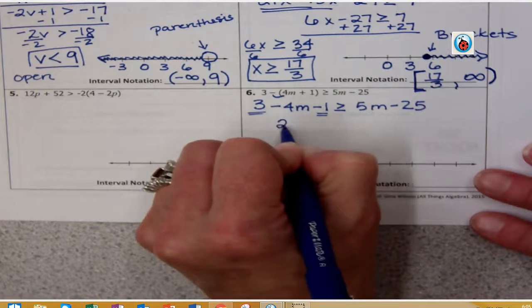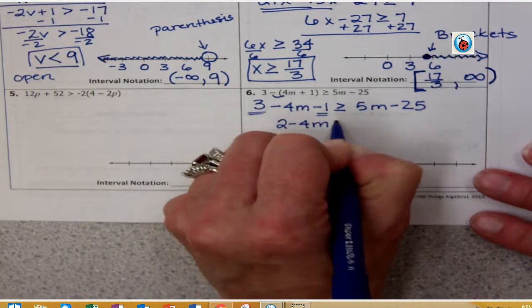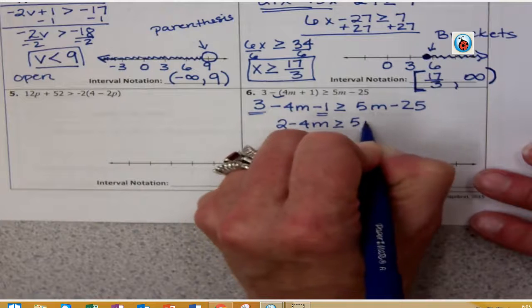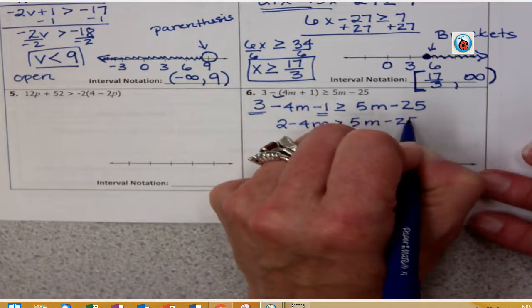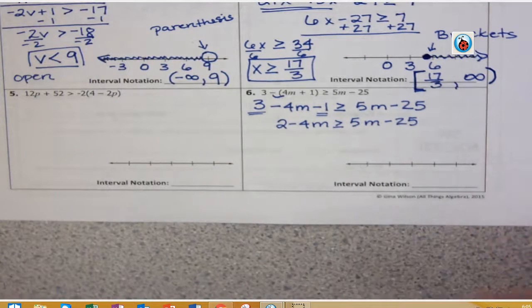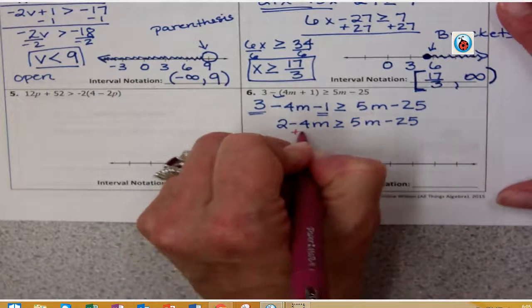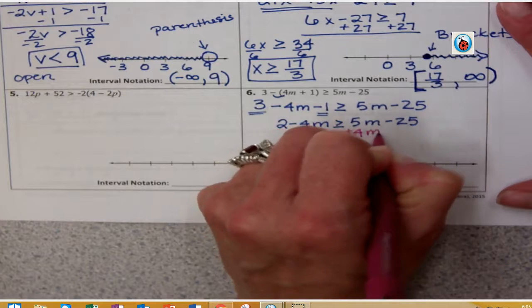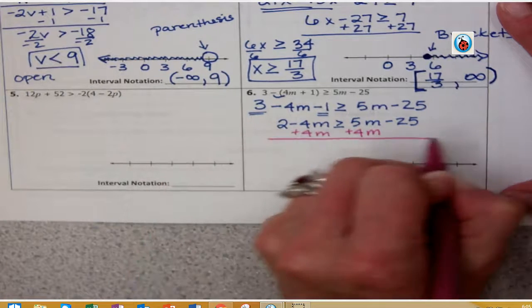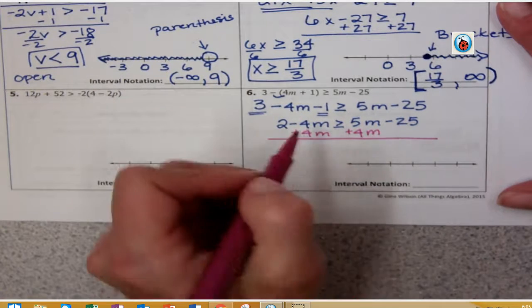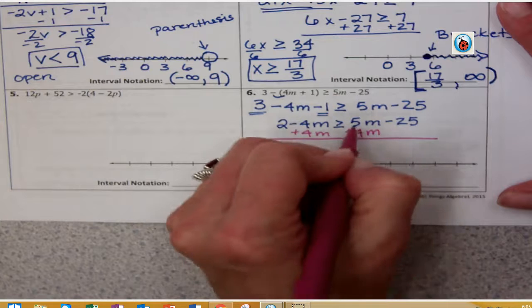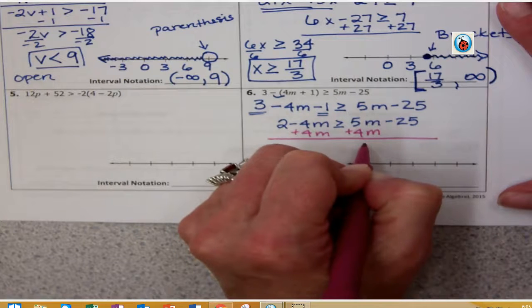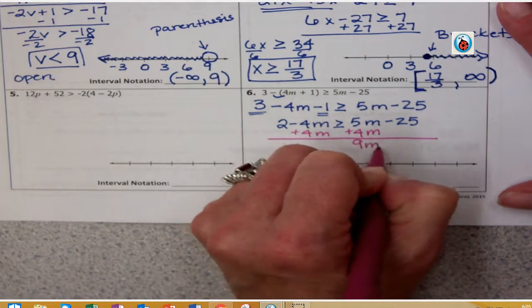That's going to be 2 minus 4m greater than or equal to 5m minus 25. I'm going to do this kind of in one step. Hopefully you're going to get this. I'm going to add 4m to both sides. And I'm going to get 0 here, and I'm going to get 9m here.